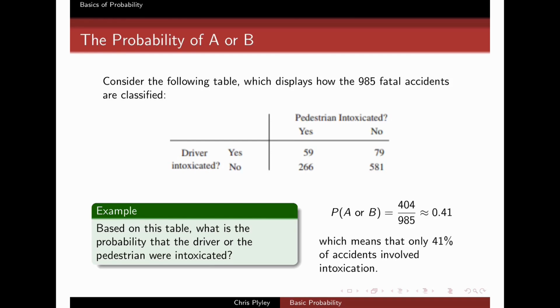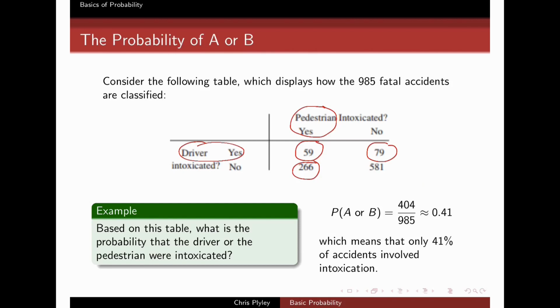Well, of course, you would say, well, let me count all the cases where the driver or the pedestrian was drunk. In these 59 times, yeah, somebody was drunk. In fact, they were both drunk. In these 79 times, the driver was drunk. And in these 266 times, the pedestrian was drunk. The times when nobody was drunk, these are down here, 581 times.